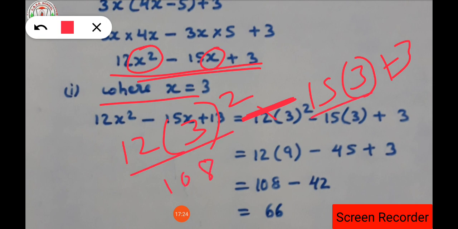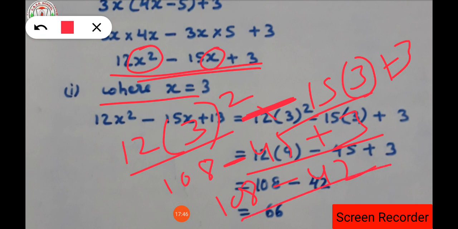Clear? Then 15 into 3 will be how much? 45, and minus will come. Then plus 3. Clear? Now 108 minus 45 plus 3. So 45 minus 3 will be how much? Minus 42. As 45 is a greater number than 3, the minus sign will come in the answer. Now 108 will be subtracted by 42, so the result will be 66.